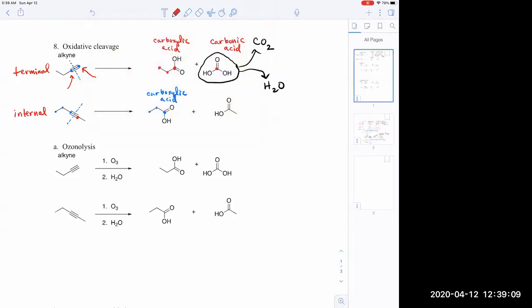The carbon on the right is connected to one other carbon. So it also produces a carboxylic acid, but now it has just a 2-carbon carboxylic acid.